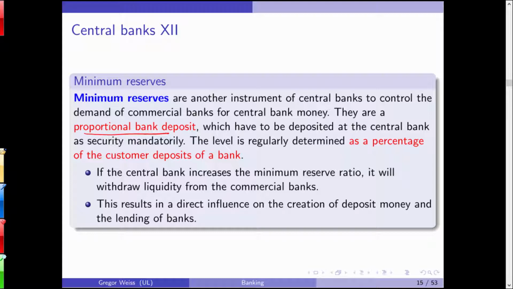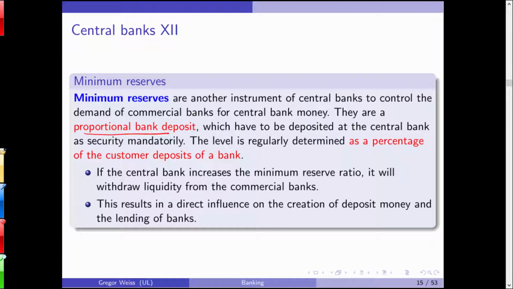We have seen this in the small example of how central banks can create money. The idea behind this is that a bank will receive 100 euros of deposits, and if the minimum reserve is 10%, it has to keep a reserve of 10% of these 100 euros, and it can only give out 90 euros in the form of loans.